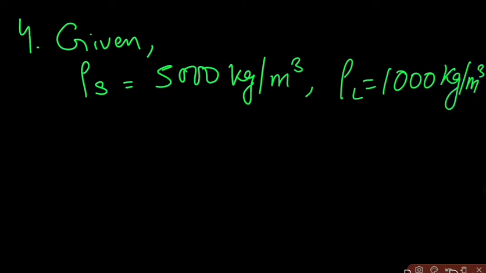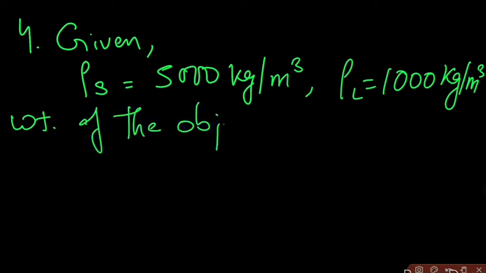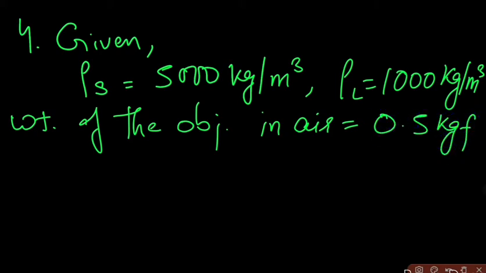The other thing which is given to us is the weight of the solid in air. So weight of the object in air is equal to 0.5 kgf. And now we are supposed to find the apparent weight.